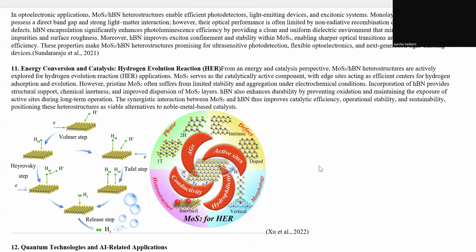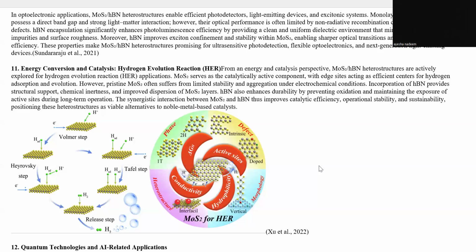From an energy and catalysis perspective, molybdenum disulfide hexagonal boron nitride heterostructures are actively explored for hydrogen evolution reaction applications. Molybdenum disulfide serves as a catalytically active component, with edge sites acting as efficient centers for hydrogen adsorption and evolution.